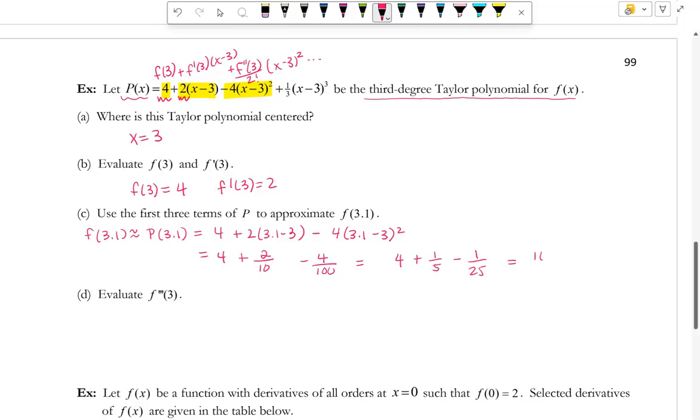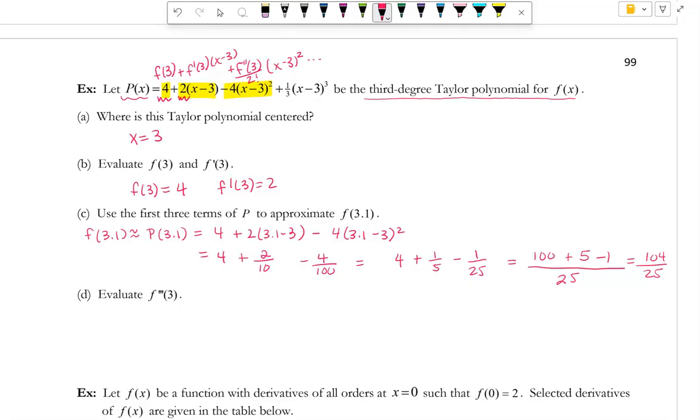So 4 times 25 is 100, and 1/5 becomes 5/25. So we end up getting 104/25. So that is our approximation of f of 3.1.